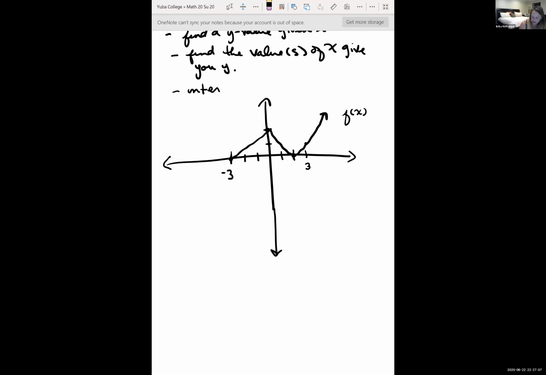Another thing that you should be able to find looking at the graph are your intercepts. And then one other thing that we talked about last week was symmetry.